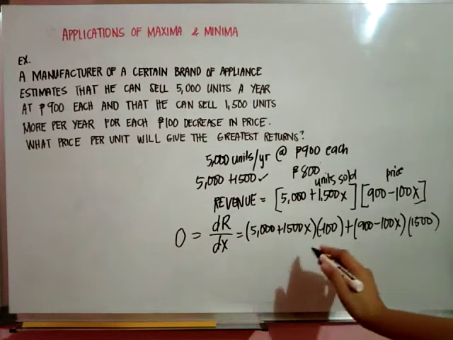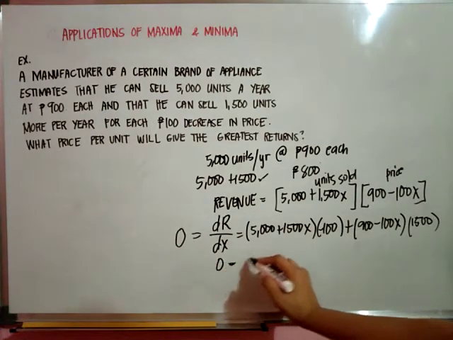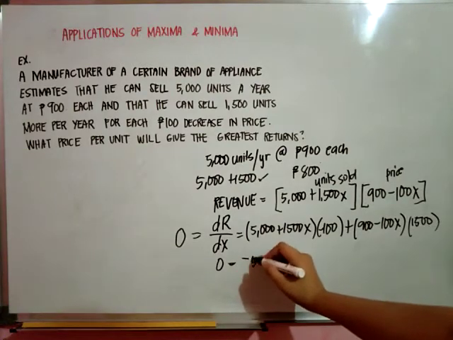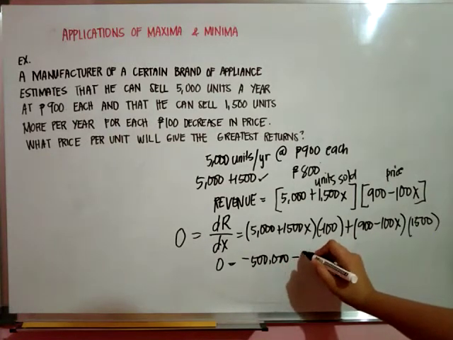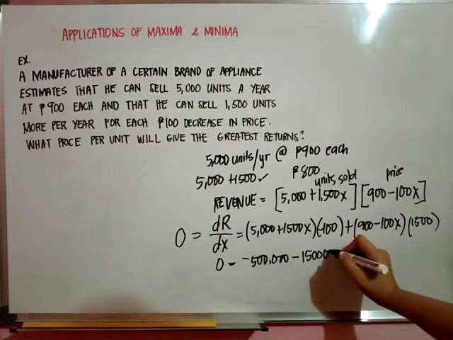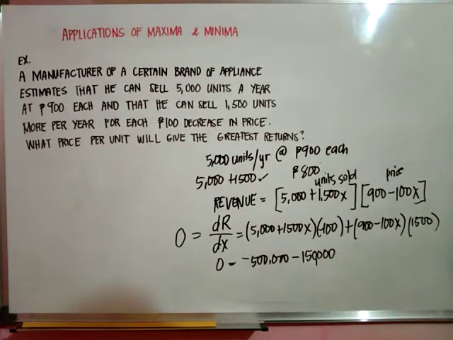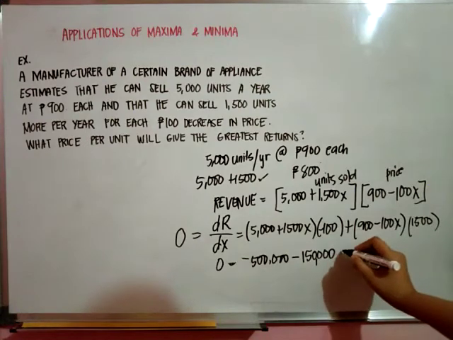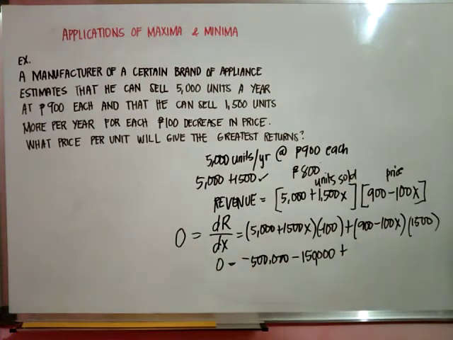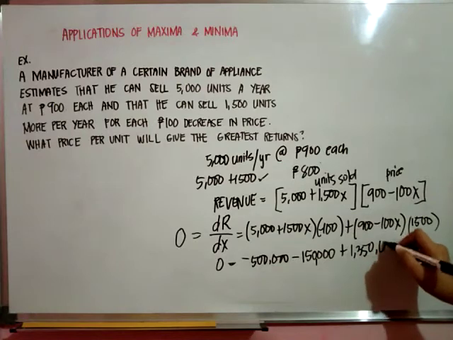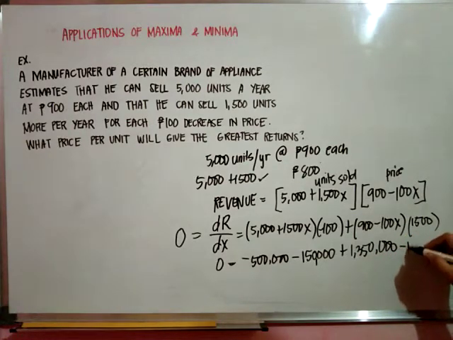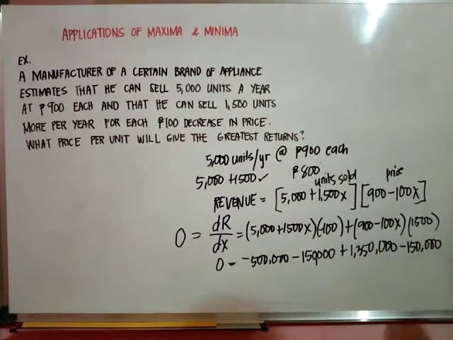therefore, simplify natin yung equation. So we have negative 500,000 plus minus 150,000x plus 15 times 900 is 1,350,000 and then minus 150,000x.